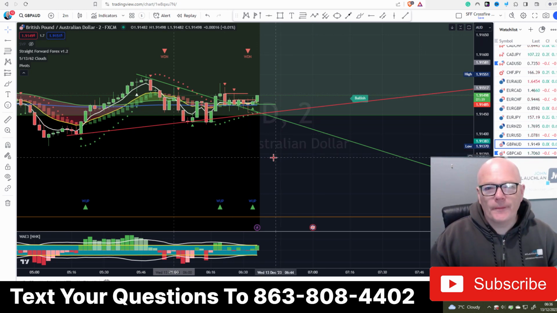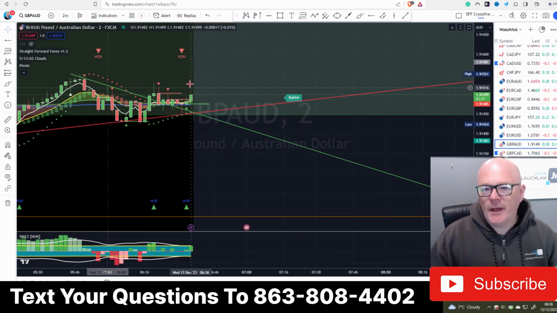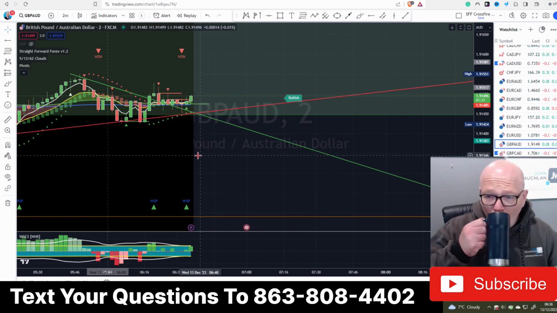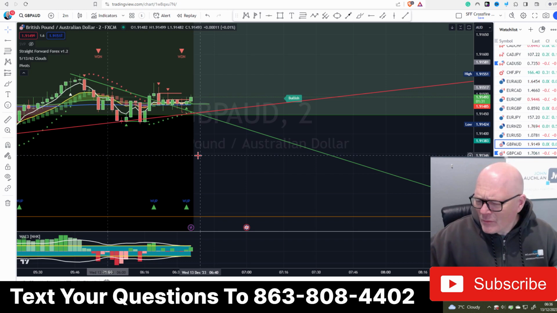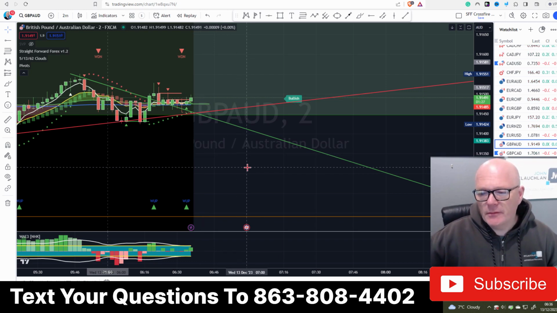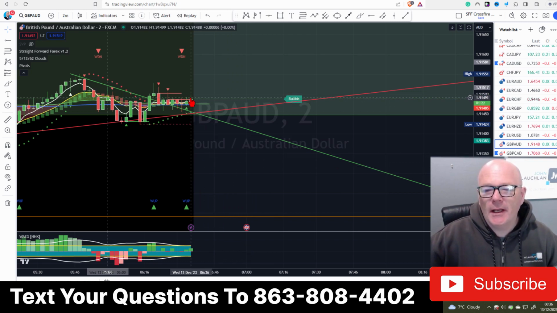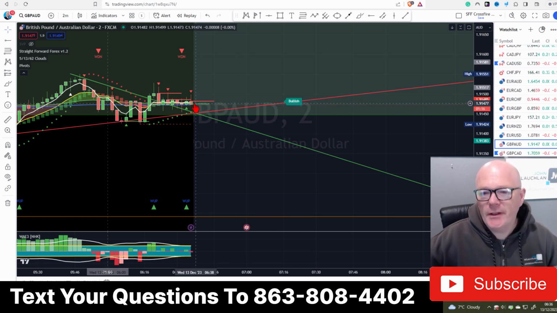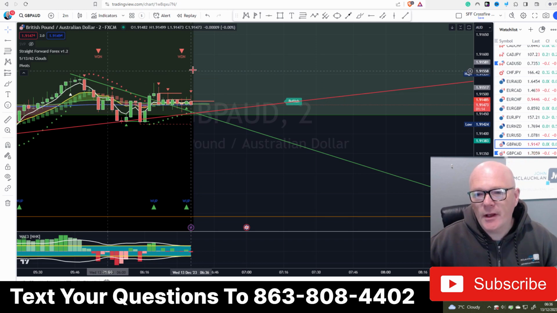So now look, we've got pound AUD. It's starting to push out. Are we interested in this? No, because for me it's too close to the 7 o'clock significant area, and we might be getting little fake outs. It's just the banks teasing people into thinking it's going to go above.